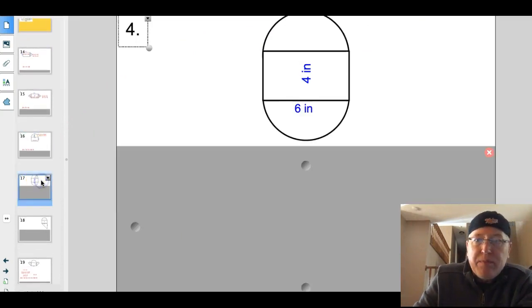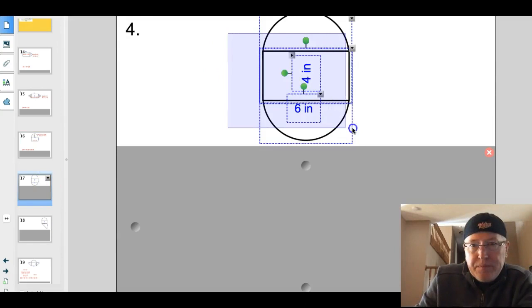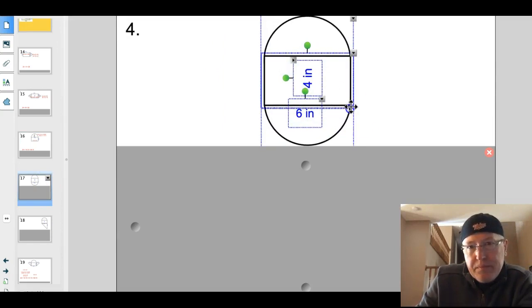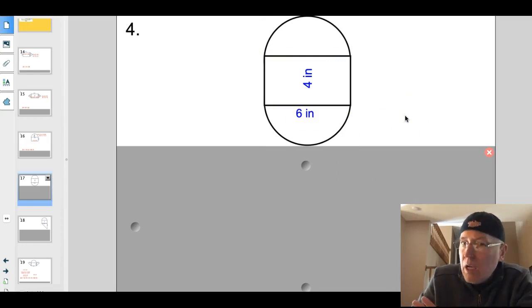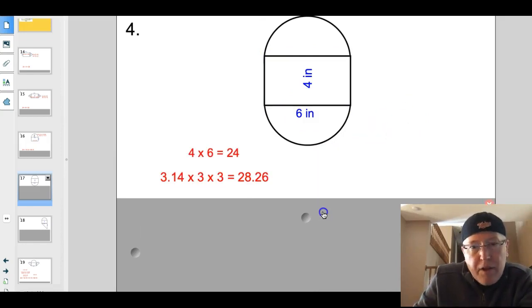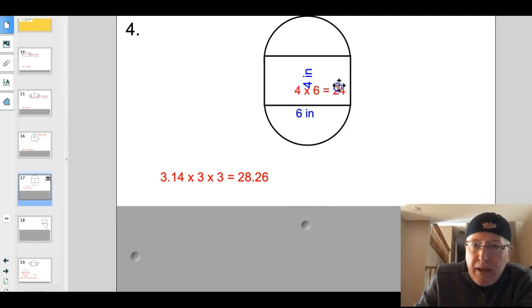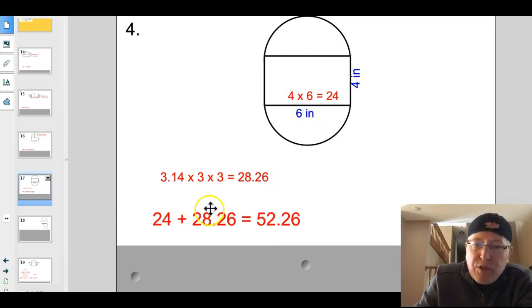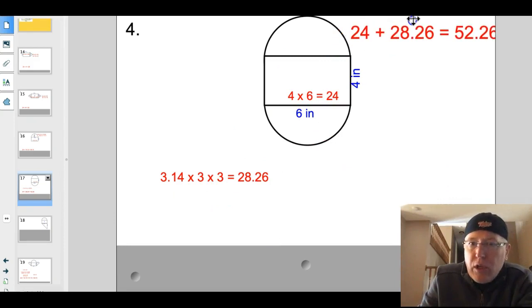Very similar. See if you can do it. All right. Here's my 4 by 6 again, so that rectangle hasn't changed. It's still 4 times 6, which is 24. But now I've got 2 half circles, or 1 whole circle.